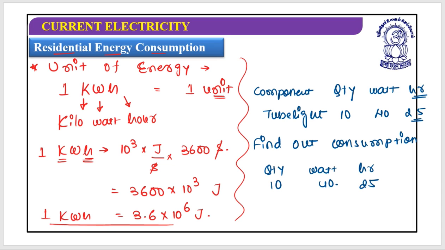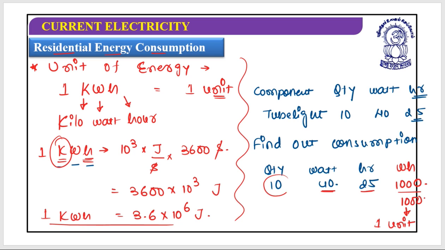So what I require is watt multiplied by hour multiplied by kilo. Initially let's find watt into hour. This is 40 into 25, that is 1000. Now I want kilowatt hour, so divide it by 1000. This is the consumption of 1 unit, since I have just multiplied 40 into 25.